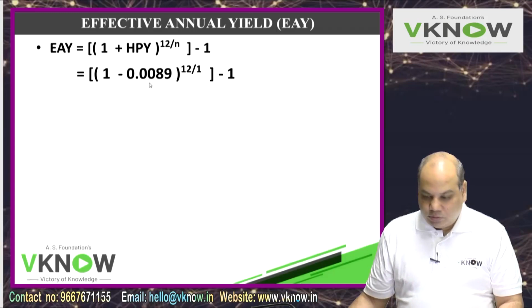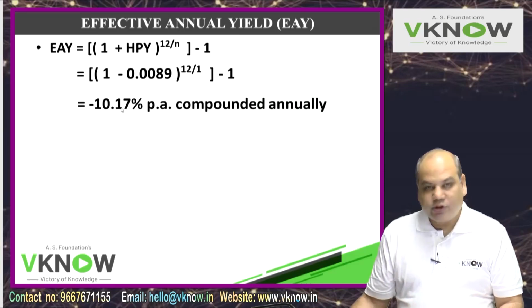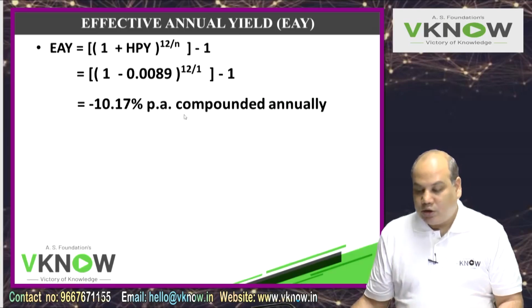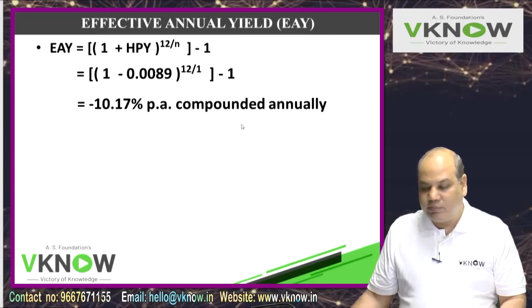Your calculator is showing 10.17%. Multiply by 100: minus 10.17% per annum. Now because you have taken effective yield per annum, you will say compounded annually. Negative 10.17% per annum compounded annually.